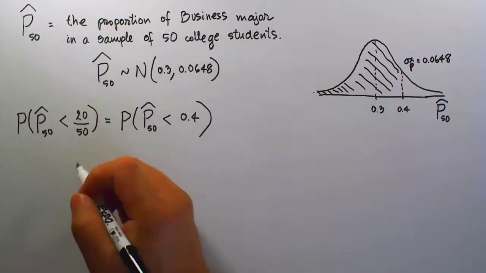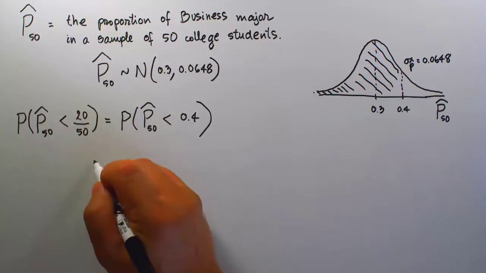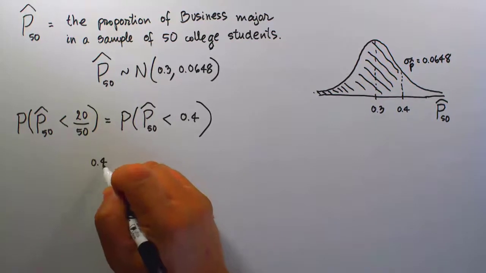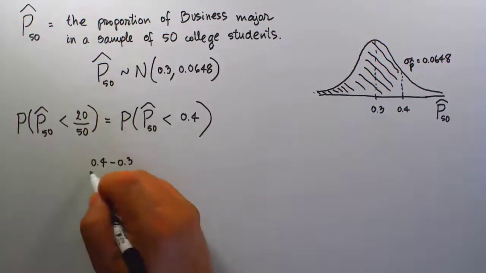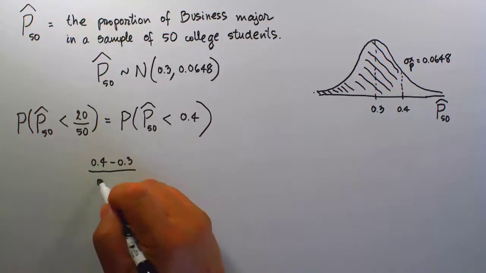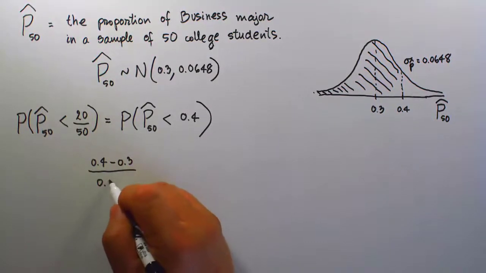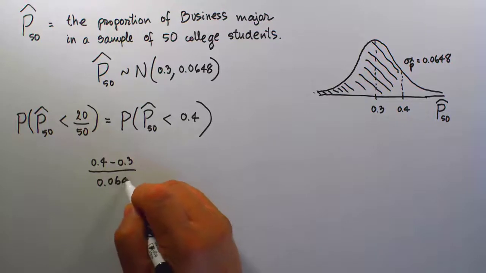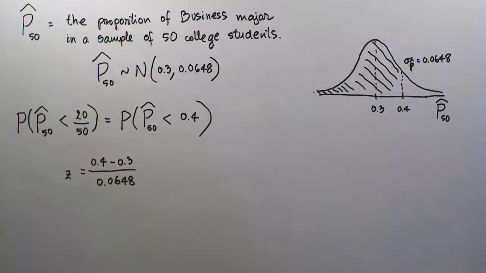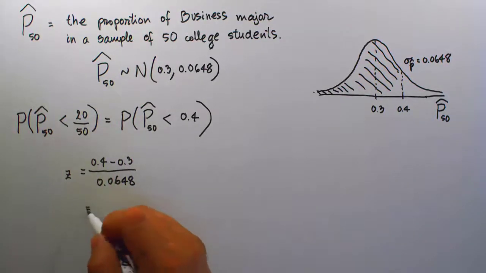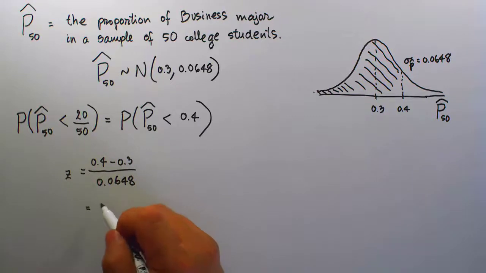So from where 0.4 is on the bell curve, I am going to subtract the center of the bell curve, 0.3, and I'm dividing that difference by 0.0648, and this is going to be my z-score. The calculation comes out for my z-score, in 2 decimals, to be 1.54.